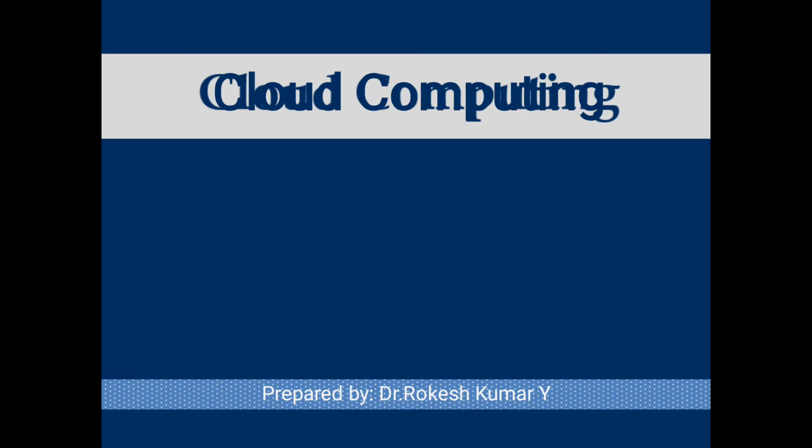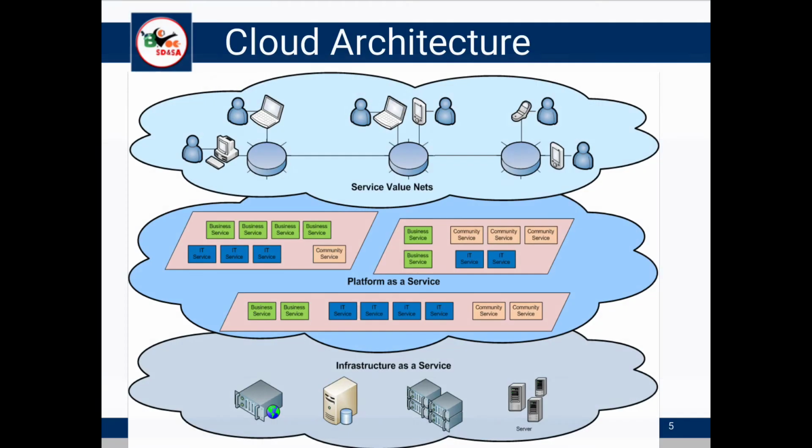Now we'll look into the architecture of cloud computing. There are mainly three services: infrastructure as a service, platform as a service, and software as a service. In infrastructure as a service, we provide network, storage, and servers. In platform as a service, we provide a runtime environment for developers, so they do not have any burden about the capacity of the system.